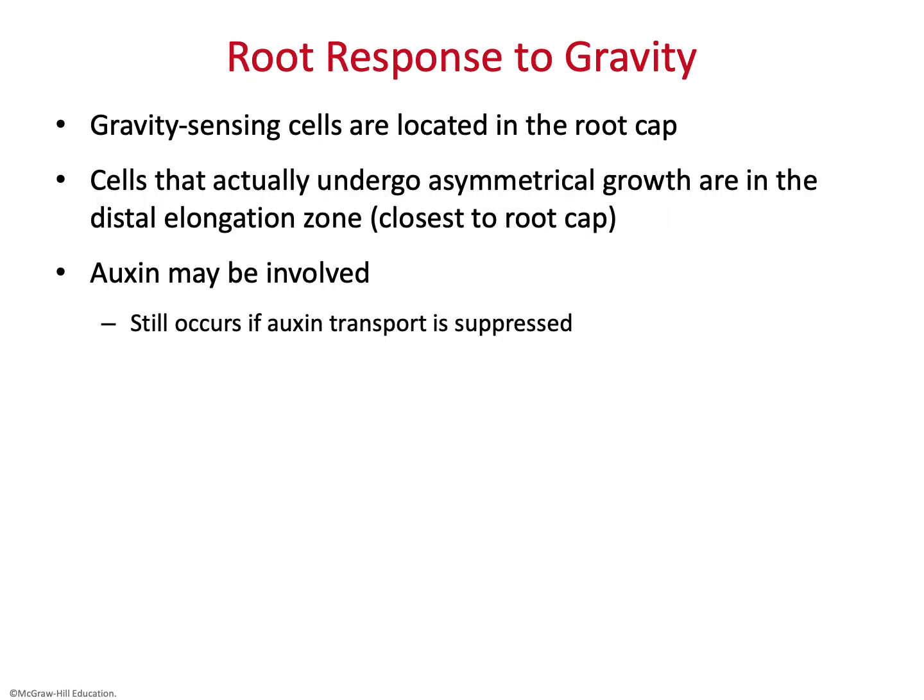In roots, gravity sensing cells are located in the root cap, and the cells that undergo the asymmetrical growth are located in the elongation zone, which is closest to the root cap.